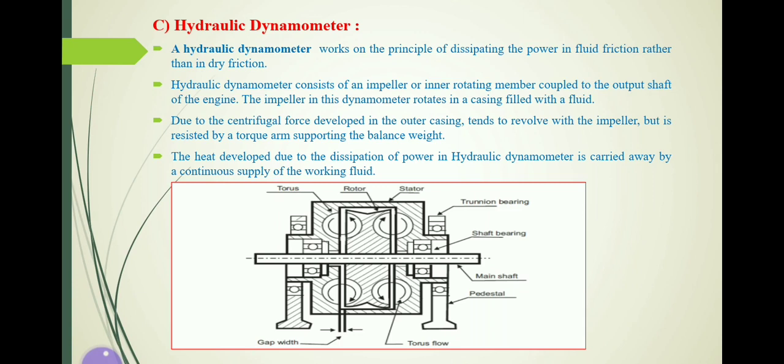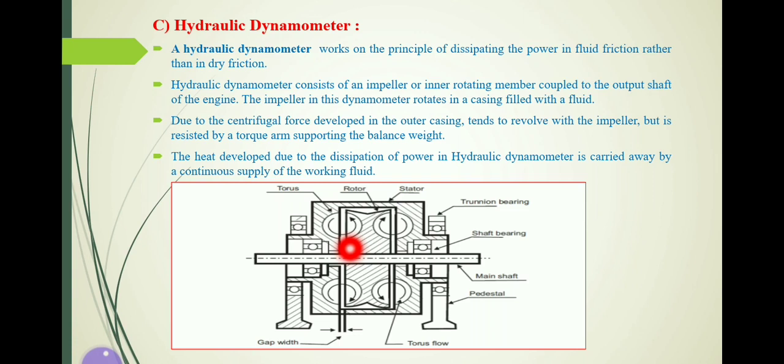Now we'll see the construction. In this hydraulic dynamometer, the main shaft is there. On this main shaft, one rotor is applied. This is the internal rotor. That means if the main shaft rotates, this rotor also rotates. And then one stator is placed around this rotor with some distance between the rotor and stator.